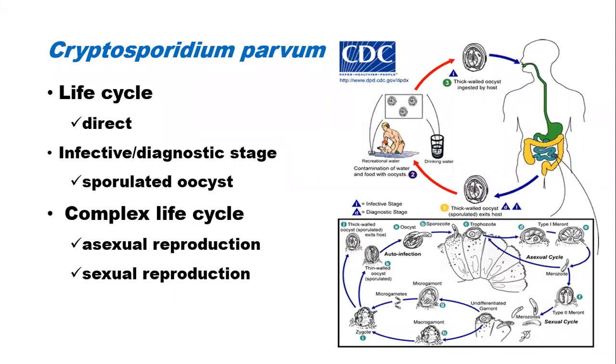A type 1 meront results from asexual reproduction of the trophozoite. Is that clear? When the meront matures, it eventually breaks down to liberate merozoites. These merozoites can go ahead to establish another cycle, just like the sporozoites that were ingested, and then you have continual infection of the enterocytes.